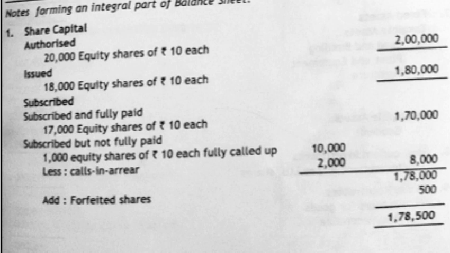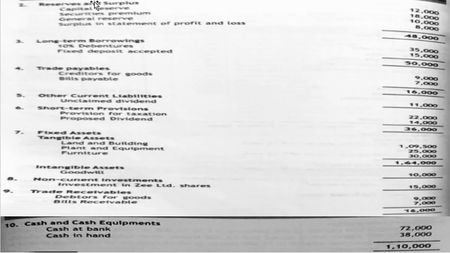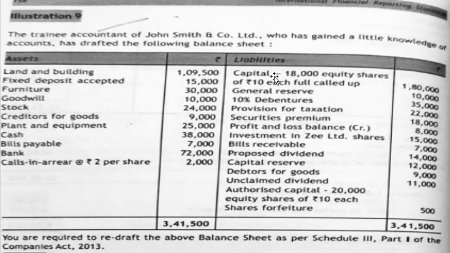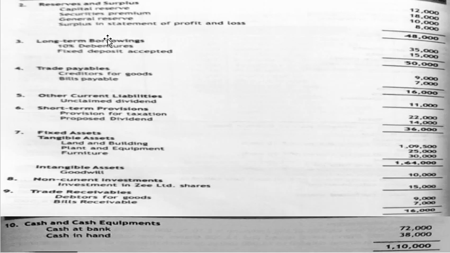So the next item is reserves and surplus. Under reserves and surplus, we have in the question capital reserve, general reserve, and security premium, and surplus in statement of profit and loss. All these reserves are being made.